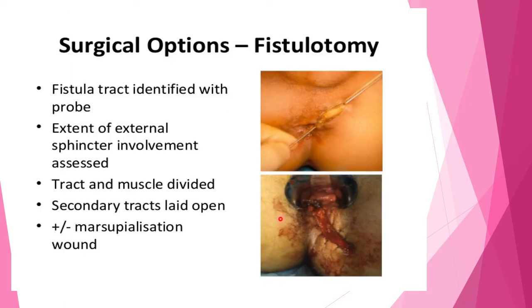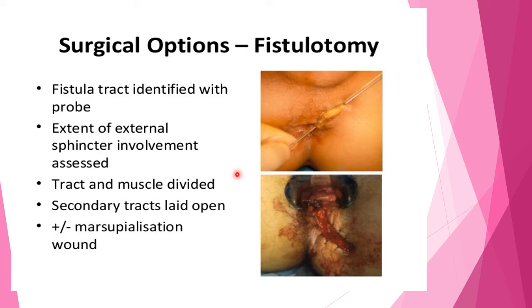We'll go through some of the common operations that are done for fistula in ano. The most common and the easiest surgical option is the fistulotomy, that is, laying open the fistula tract from outside. A probe is passed to identify the tract.